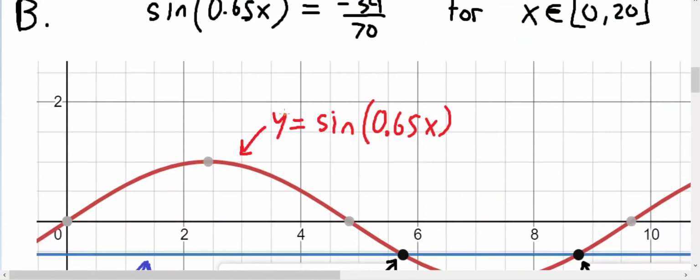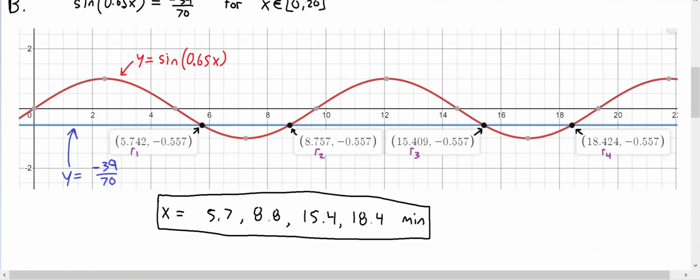So for the graph, that means for part C, we're looking at this equation: sine of 0.65x is strictly greater than negative 39 over 70 in the context of this interval for the first 20 minutes. What that means is, when is the graph higher than this constant line?